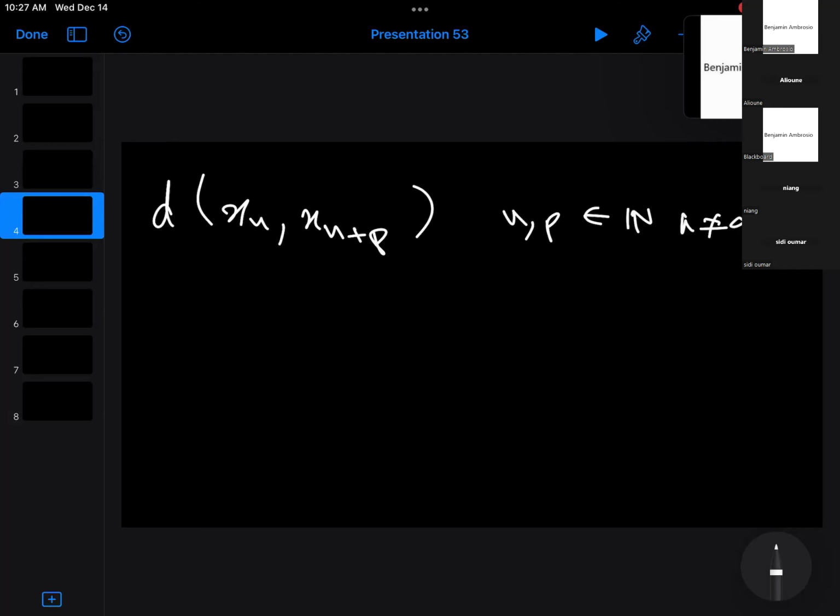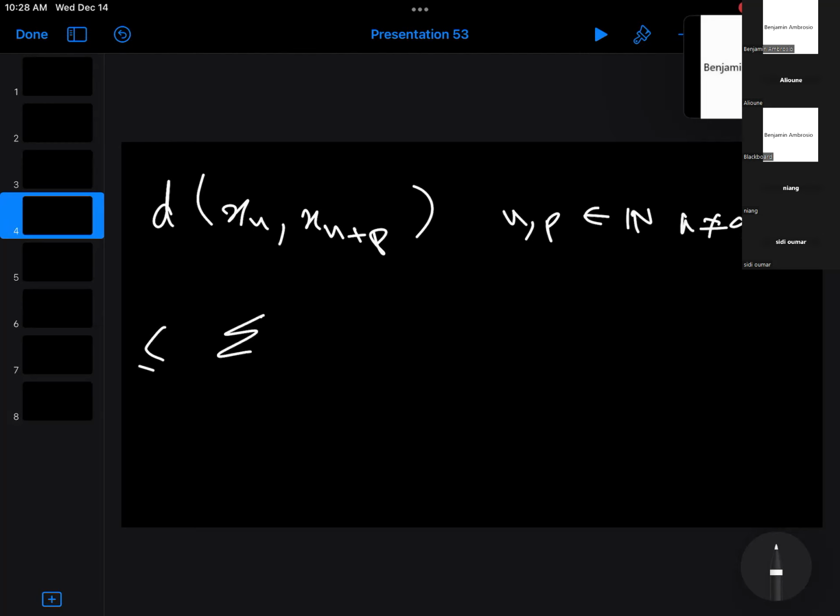So if I look at that, I use the subadditivity of the distance, and I get that. So I need to go from x_n to x_{n+p}.